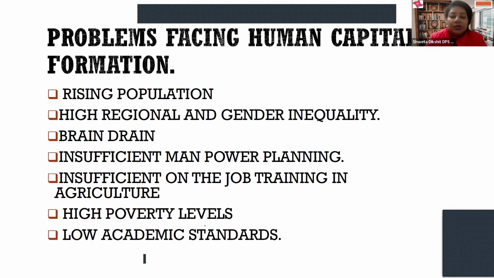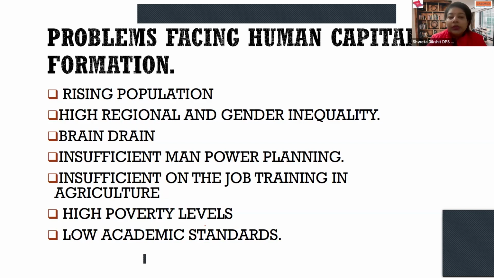See, it's very simple to talk about everything we are doing in human capital formation, but it's not that easy. If you talk about the human capital formation rate or ratio, it is still very much backward in India. There are so many reasons and challenges why we could not compete with the human development index of other developed countries.